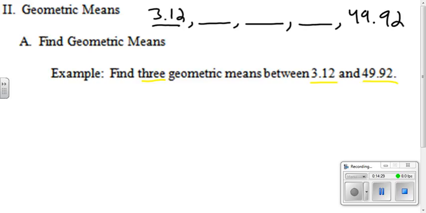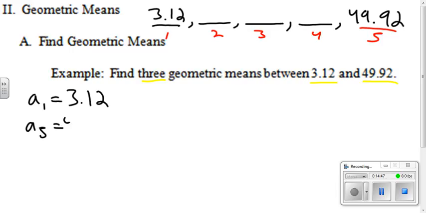That's going to be our mini sequence. So this is our 1st, 2nd, 3rd, 4th, and 5th term. It looks like we know a sub 1 equals 3.12 and a sub 5 equals 49.92.